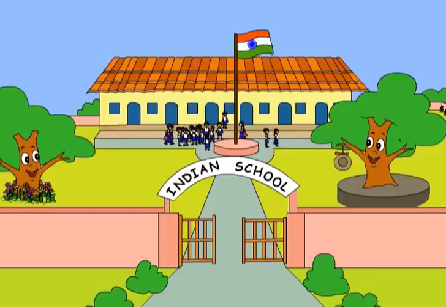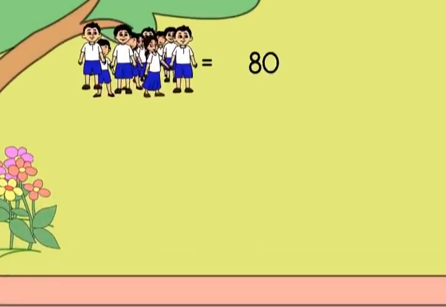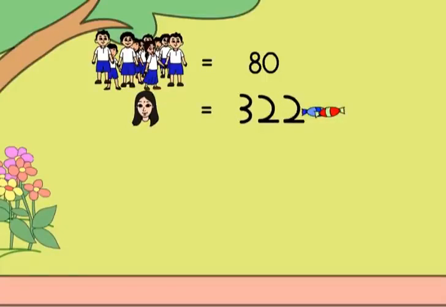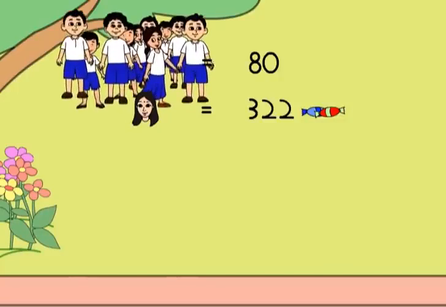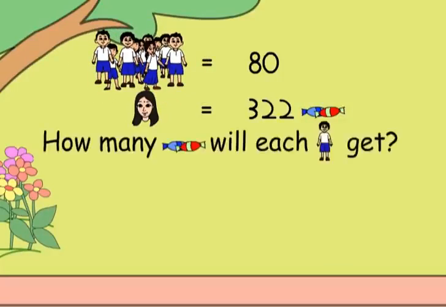November 14 is Children's Day. There are 80 children in a school. The teacher has 322 toffees which she wants to distribute equally among all the children. How many toffees will each child get?